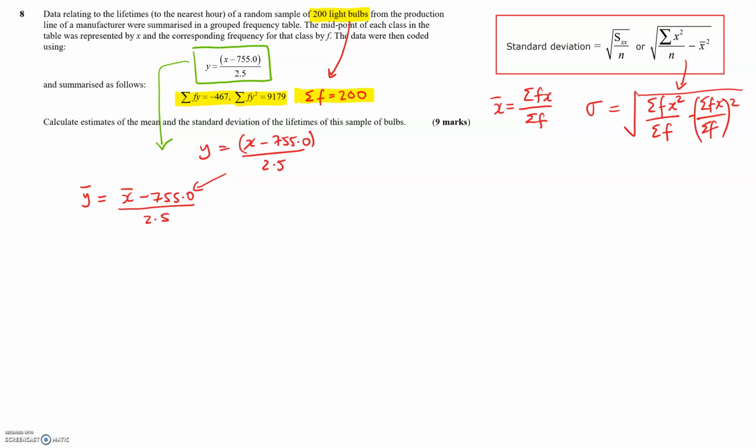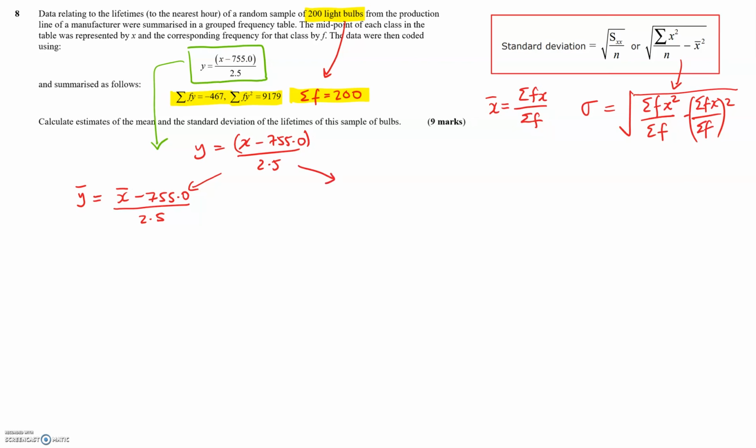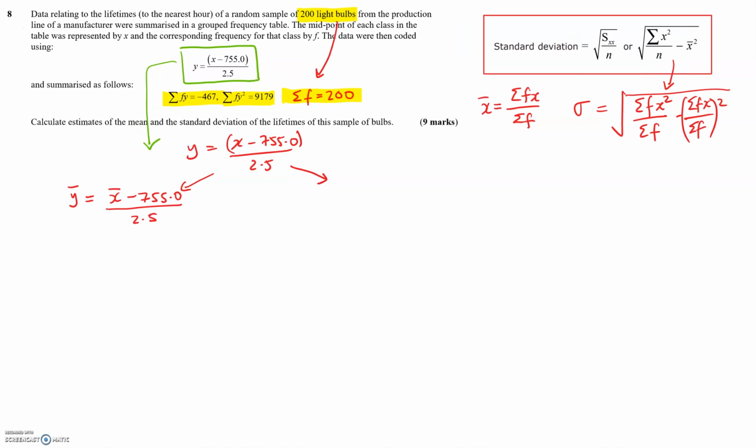So that's what the code would look like for the mean. If I look at standard deviation, if I add or subtract numbers to the data, that has no effect on your standard deviation, but if I multiply and divide, it does. So that's how that gets affected.